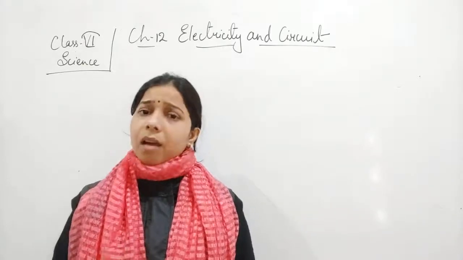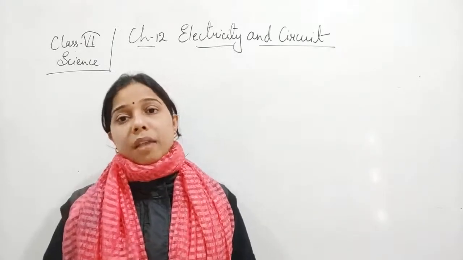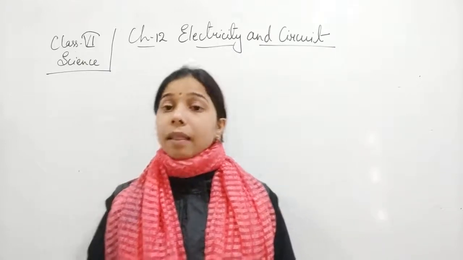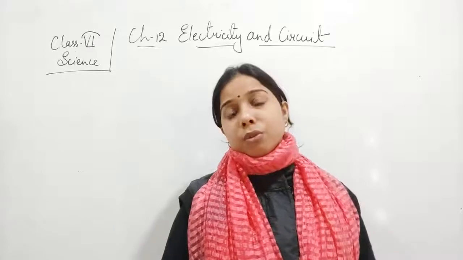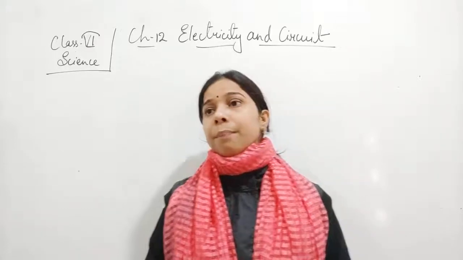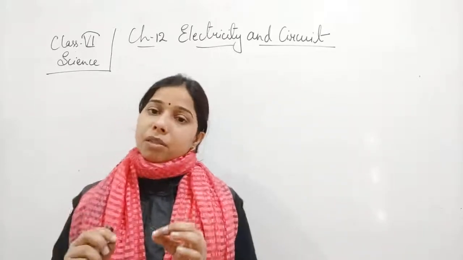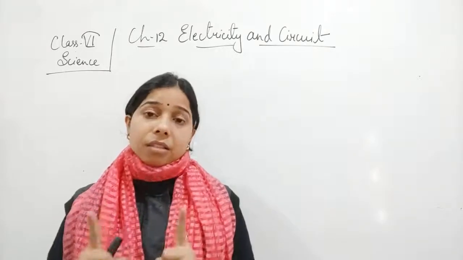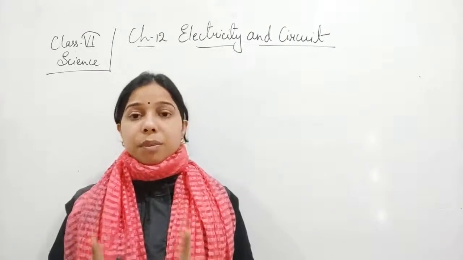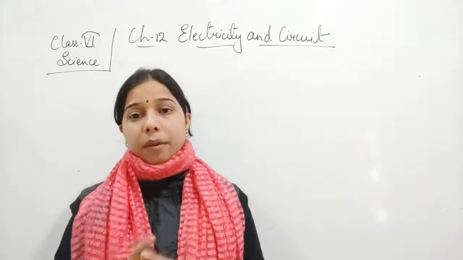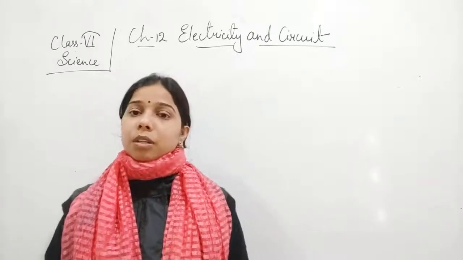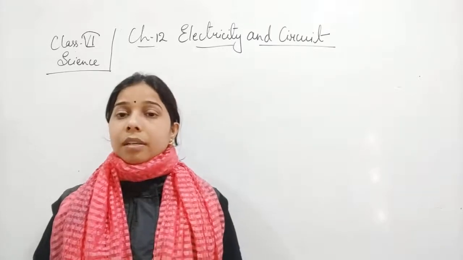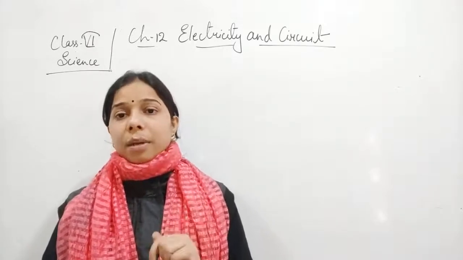Now, there is another reason also because of which a circuit remains open, and that is the fused bulb. What do we understand by a fused bulb, students? You know that a bulb consists of a very thin wire, and this thin wire remains connected to two thick wires. Okay, so two thick wires are connected to each other by a thin wire, right? That thin wire is called the filament.